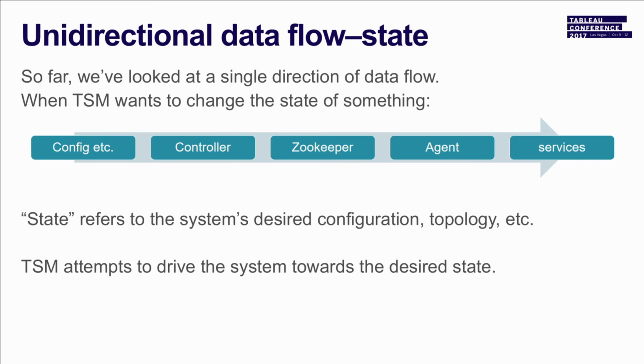So if we want to change the config, or we want to add another backgrounder, or we want to do anything that's going to change how Tableau Server is running, data always flows from the client to the controller process, to Zookeeper, to the agent, and then out to the services. And this is one-way data flow, and this is canonical. Like, this is the only way that changes propagate through the system.